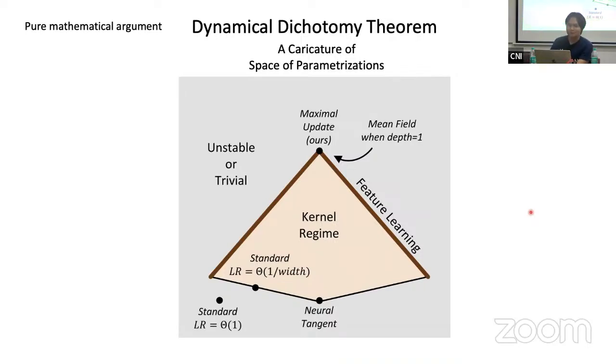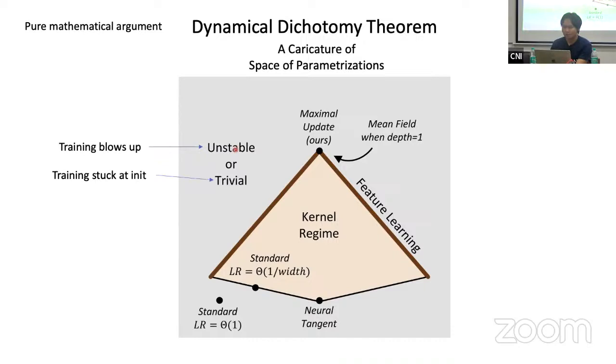Of course, we cannot represent this on paper, so I'm projecting it to 2 dimensions through some kind of artistic projection to get the main idea. The point here is that most of the space of parameterizations is junk. Training blows up, or training gets stuck at initialization, when the width goes to infinity.